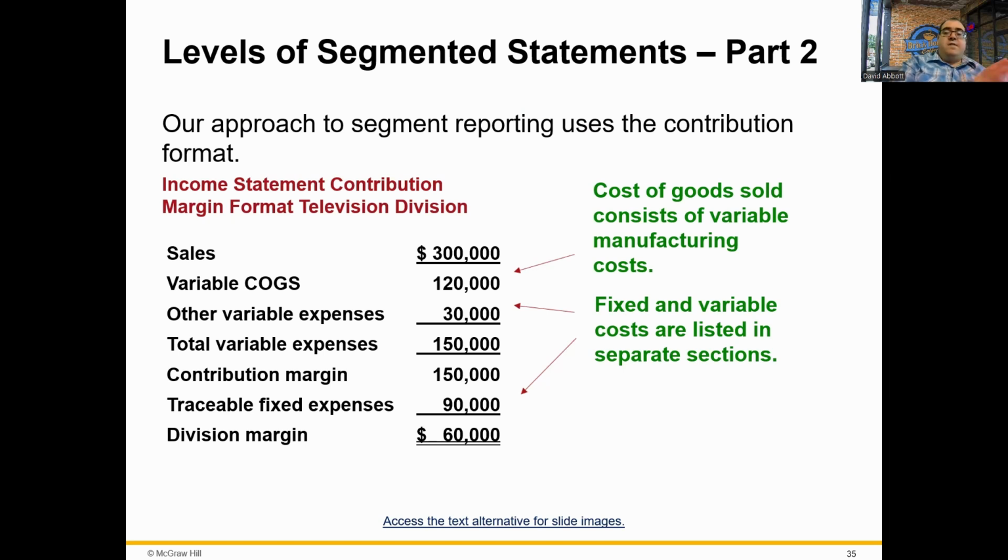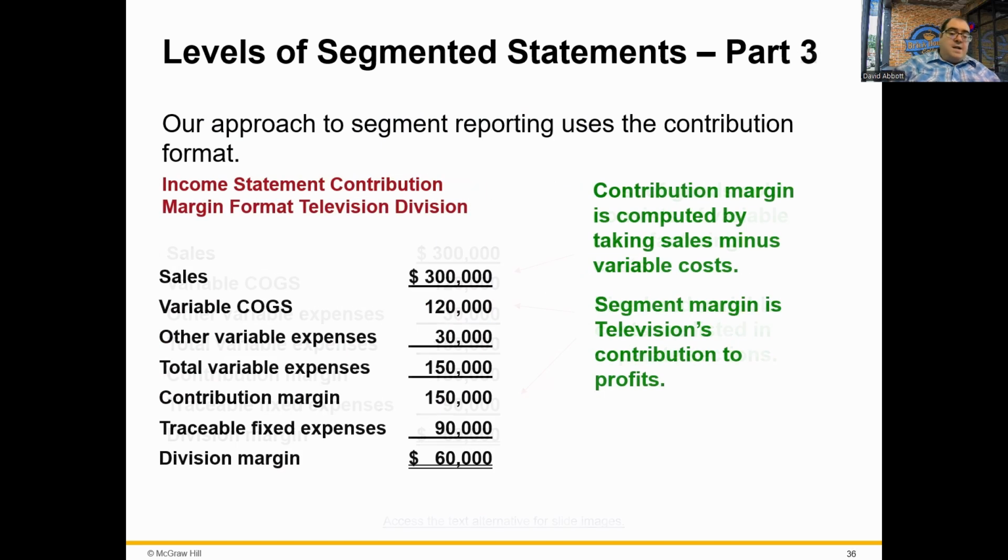We notice that the cost of goods sold consists of our variable manufacturing costs, and that our fixed and variable costs are listed in separate sections, and that our contribution margin is computed by taking our sales minus variable costs, and that the divisional segment margin represents the television division's contribution to the overall company profits.